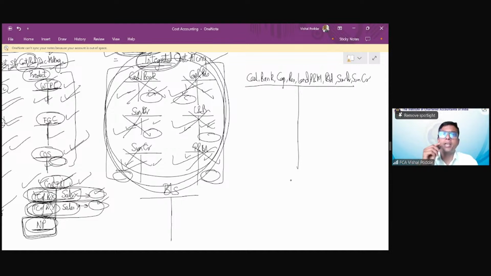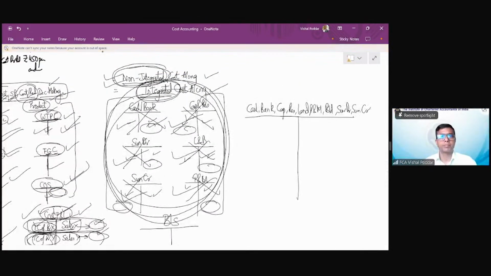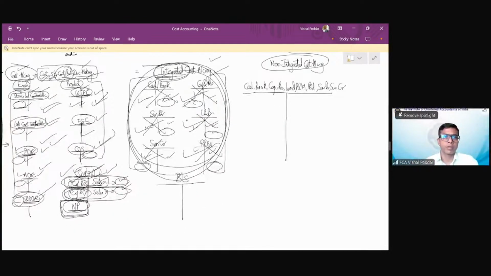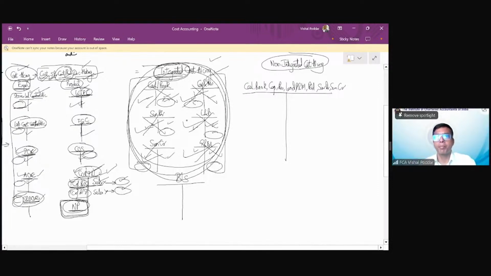So when I'm doing non-integrated, besides these accounts, which are anyway compulsory, all these accounts of expenses and all these accounts of products, I will prepare one account which will represent all these assets and liabilities at one place.